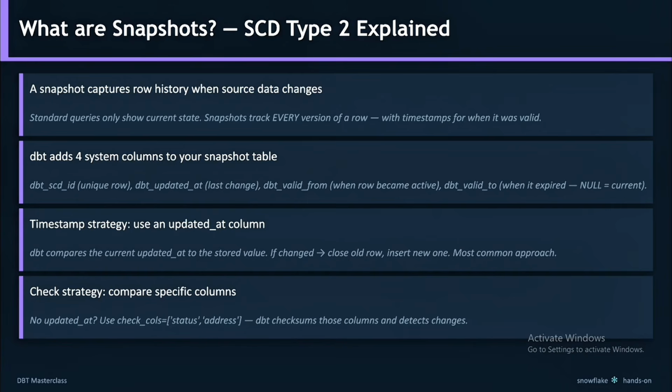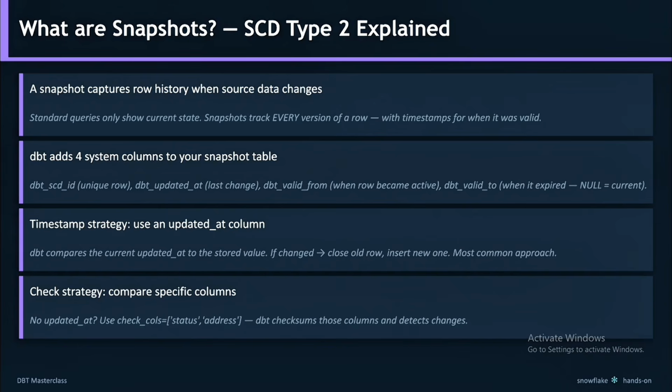Think of them as your data's time machine, giving you the ability to look back and see what a record looked like last week, last month, or even last year. Right? So that is your snapshot. Means basically you are maintaining your history, and you can do many analyses on your history.